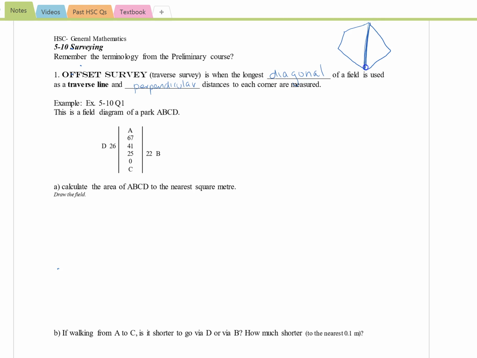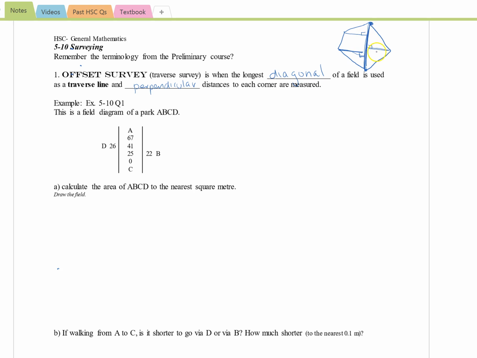You start here and traverse across to there. And as you go, you measure off perpendicular distances. You'd measure that distance, move on a bit further and measure this distance, as long as we are perpendicular to our traverse line.